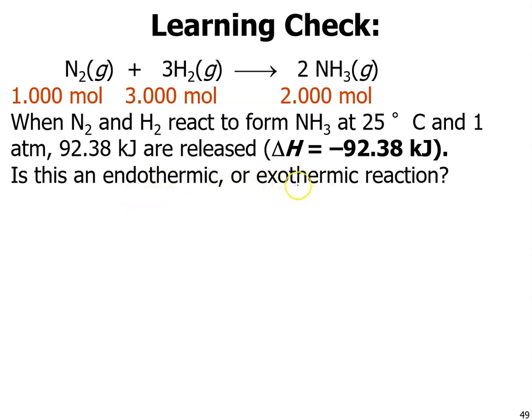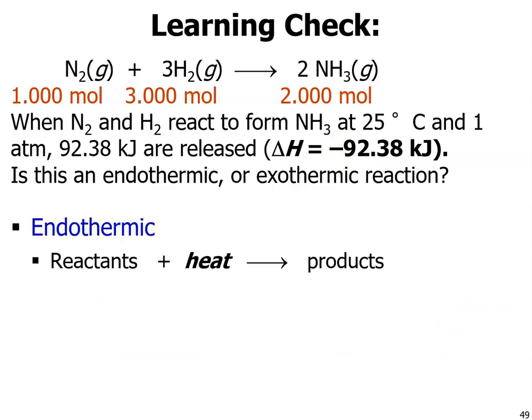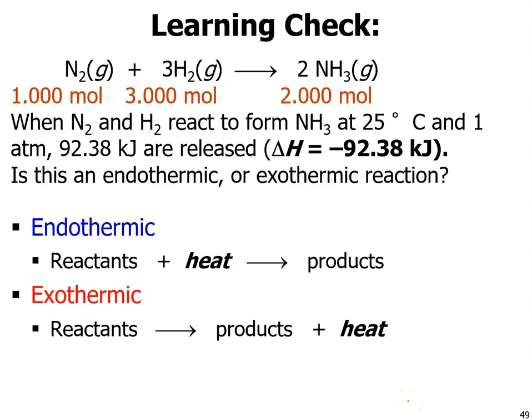Remember, if this is a negative value, that's going to be an exothermic reaction. If heat is required, that's going to be a positive delta H, and if we release heat, that'll be a negative. So this would be an exothermic reaction.